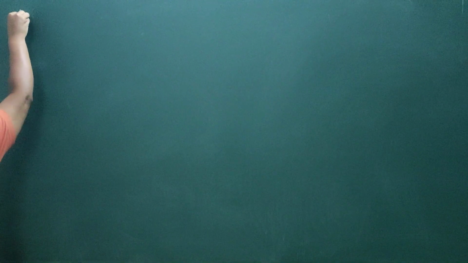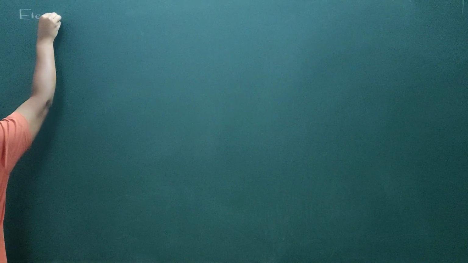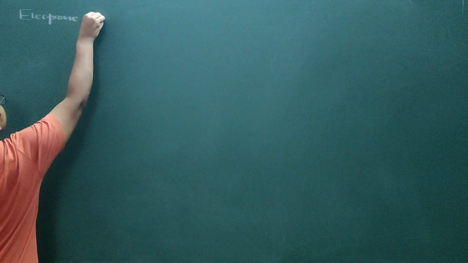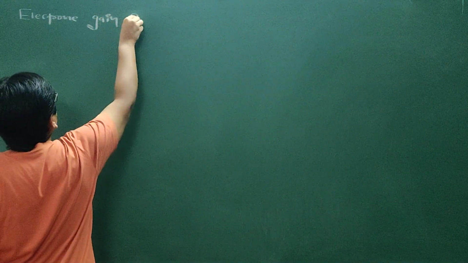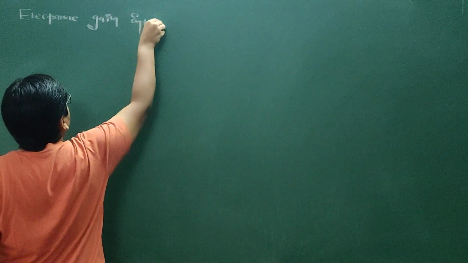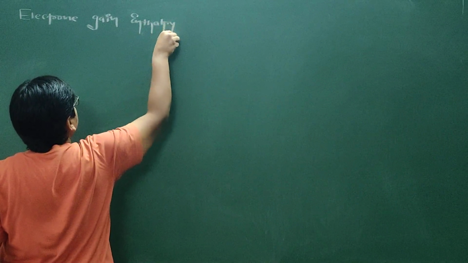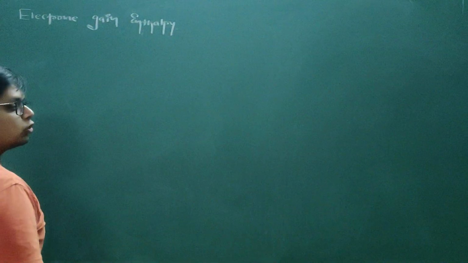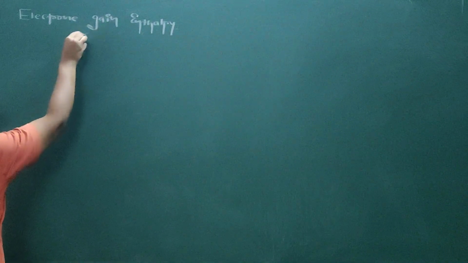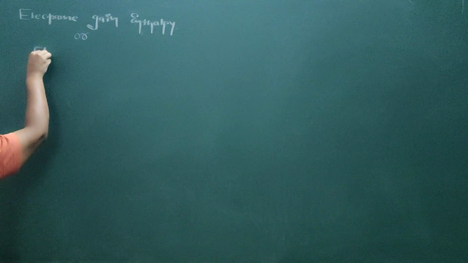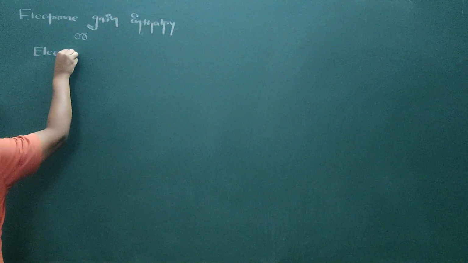Now the third important property is electron gain enthalpy. It is electron gain enthalpy, often known as electron affinity.